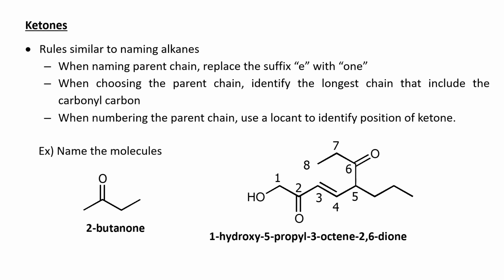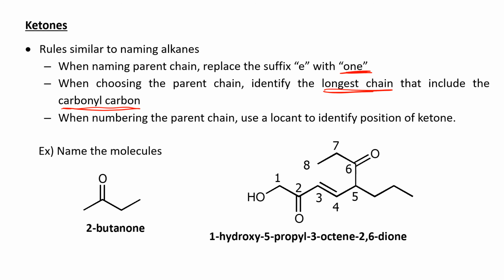For ketones, also very similar, our suffix is now -one, O-N-E. When we choose the parent chain, the longest chain should include the carbonyl carbon. And when we number the parent chain, we want to use a locant to identify the position of the ketone.